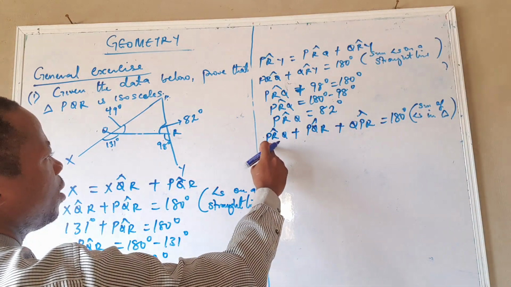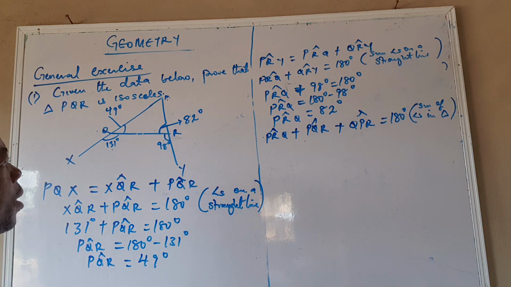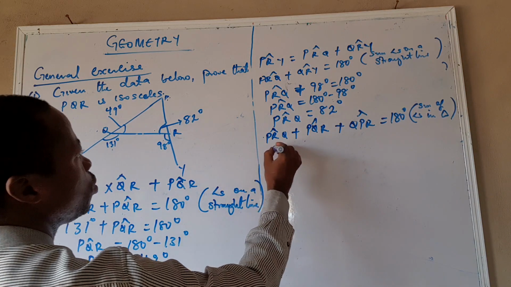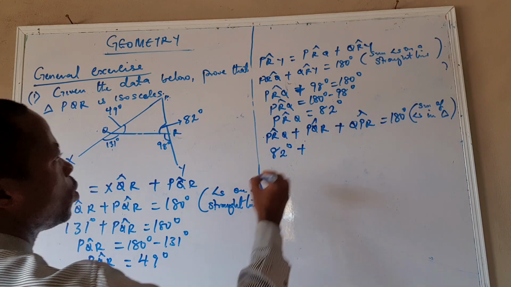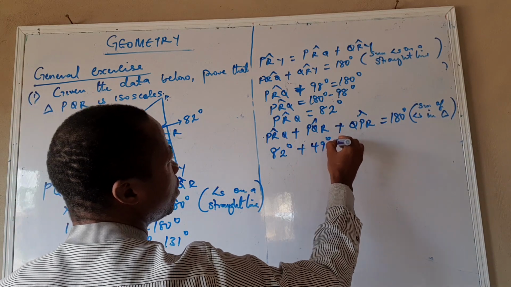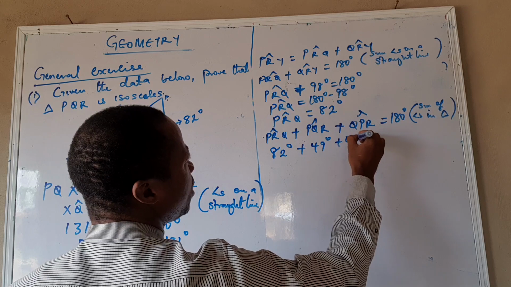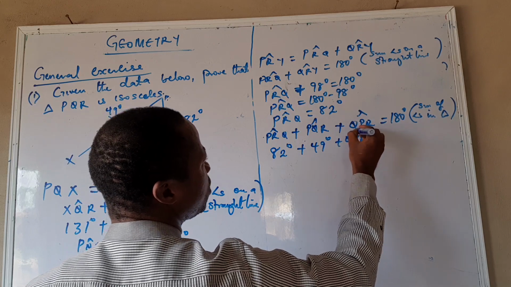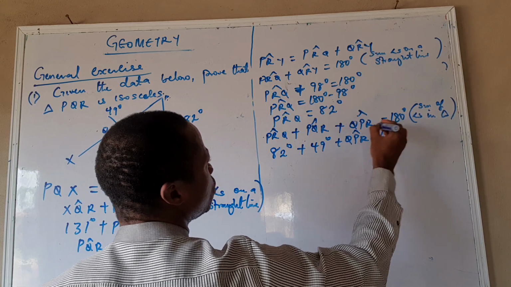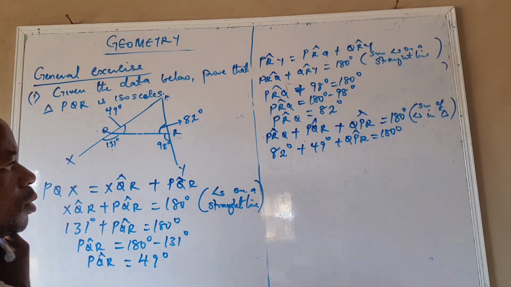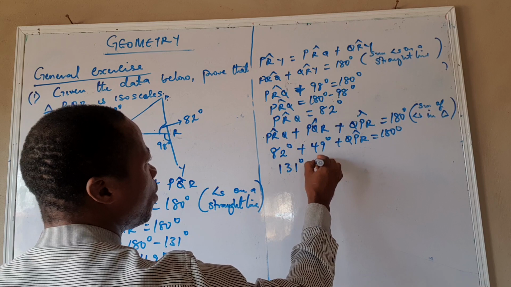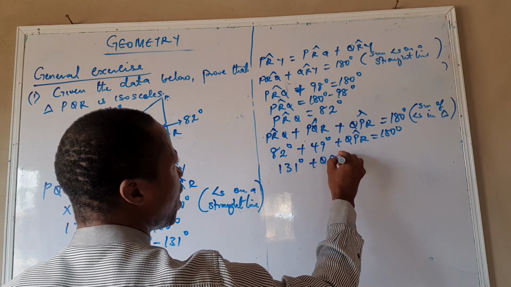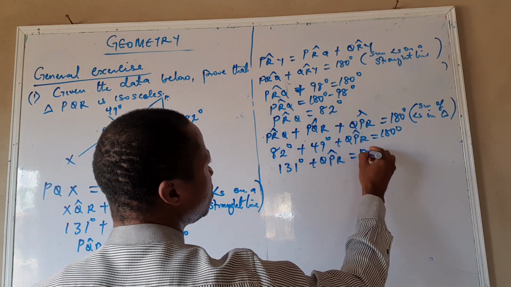So we now have our PRQ is 82 degree, plus our PQR is 49 degree, plus QPR. So this will give us 180 degree. When we sum this together, we have 131 degree plus QPR equals 180 degree.